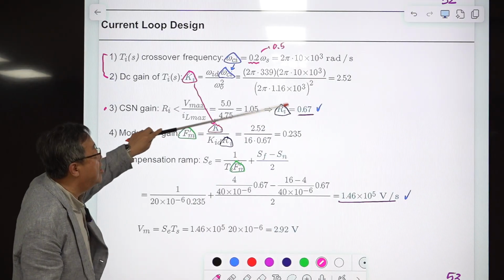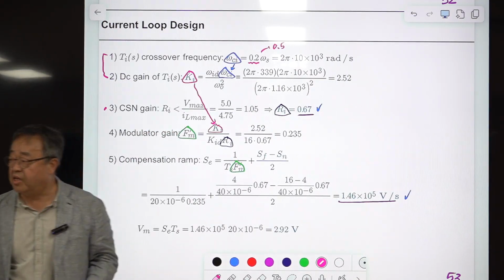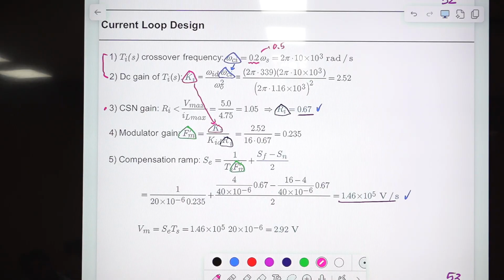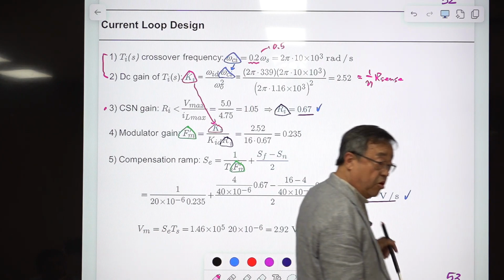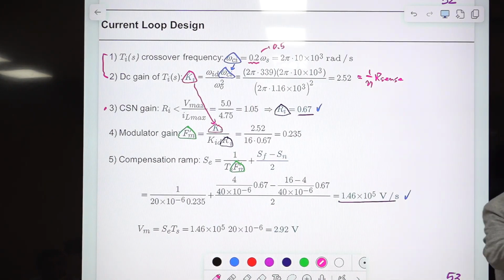You know how this R_i is determined? R_i, if you recall the previous lecture, is 1 divided by N, where N is the turns ratio of the current sensing transformer, times R_sense. Okay. So somehow, based on this number, you determine these two numbers. Okay. There are infinitely many different selections, but you select the reasonable one.